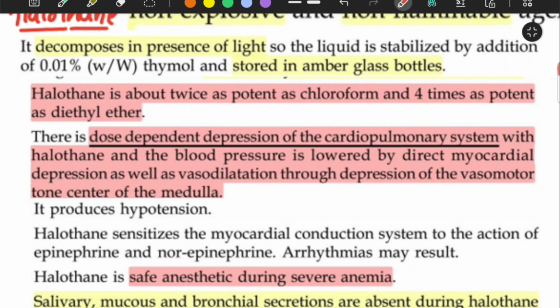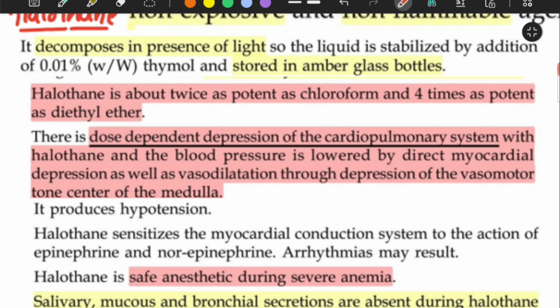Why would it show cardiopulmonary depression? Because it makes the myocardium muscles more sensitive towards epinephrine and norepinephrine, meaning the catecholamines. So halothane sensitizes the muscles of the myocardium towards epinephrine and norepinephrine. That's why the dose dependent depression is seen, which will lead to lower blood pressure and direct myocardial depression.